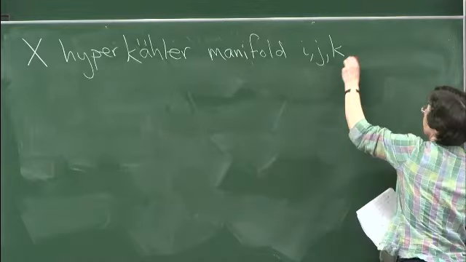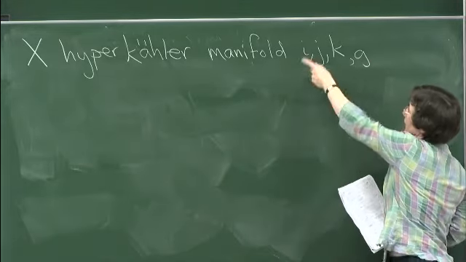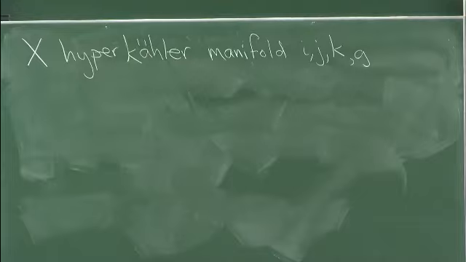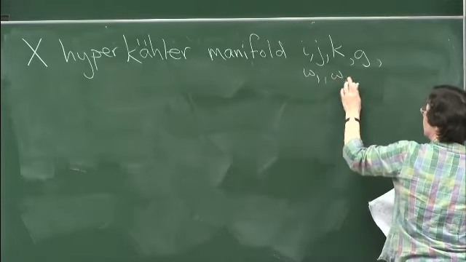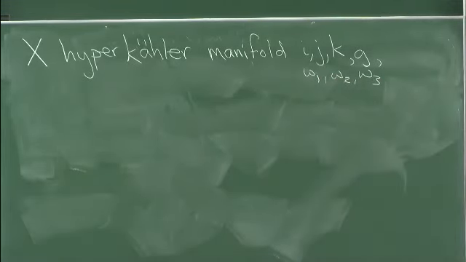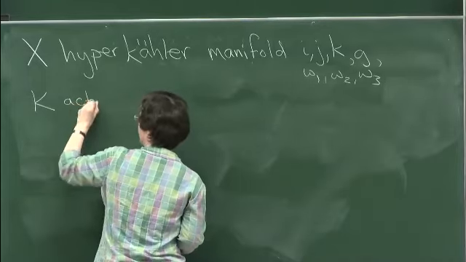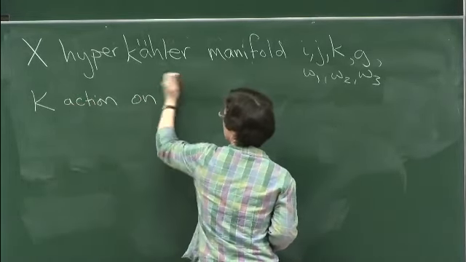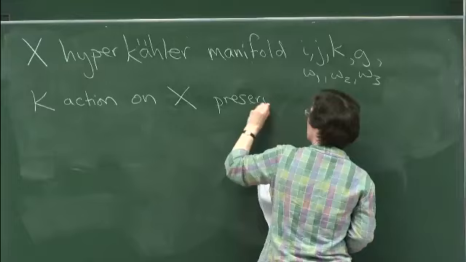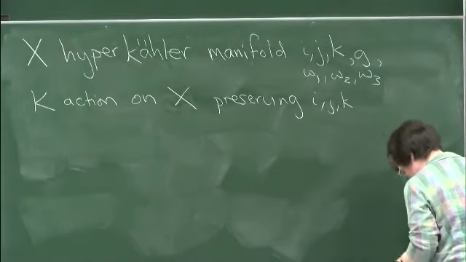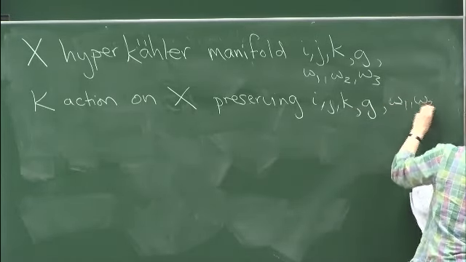And it also has to have a Riemannian metric, such that the metric combined with any of these complex structures gives you a Kähler structure, and so we'll have symplectic forms corresponding to each of the complex structures, in particular to I, J, and K. And I want to assume that we've got a K action, so a compact group again, on this Hyperkähler manifold, and I want it to preserve the complex structures and the metric, and therefore it'll preserve the symplectic structures too.